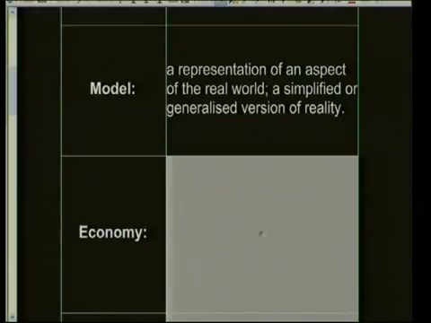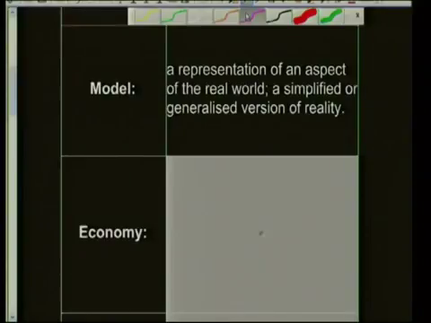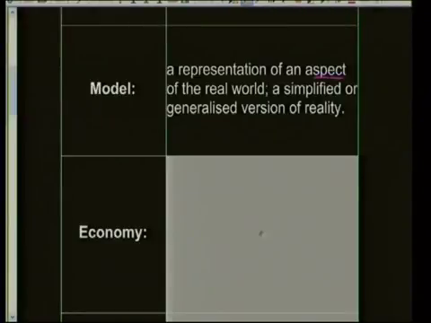I think what's important to note, Grade 11s, is that with a model, it's not an ideal, perfect situation. And that is why they use the specific words like it's an aspect of the real world. It's simplified and generalized, which means certain parts you may be able to relate to, other parts you think, oh dear, that's not what we are about, and that is what a model is based upon.